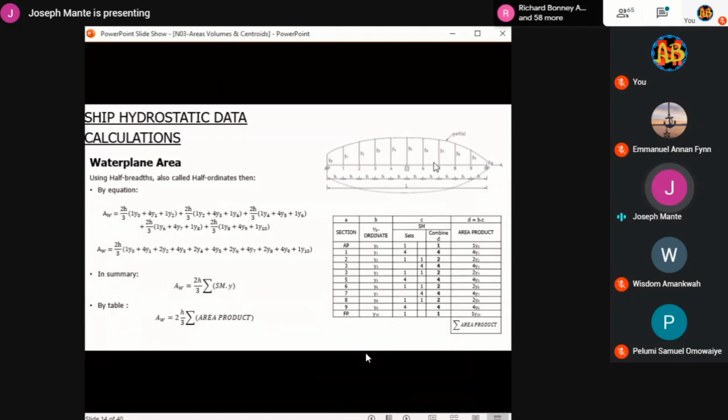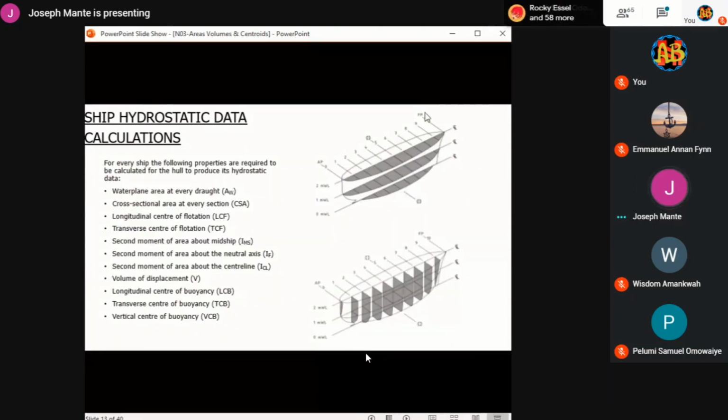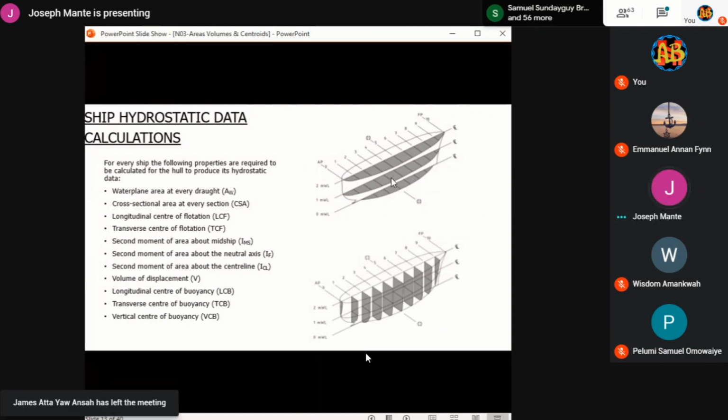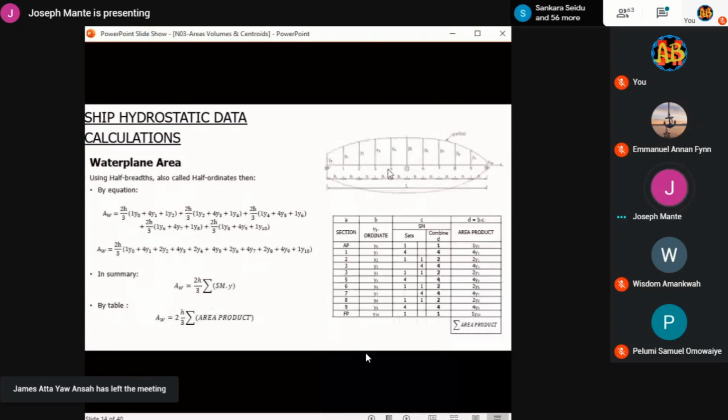Now you want to calculate the water plane area at each and every section. In the first drawing, at every section we want to calculate for 8 water planes. So we have 1, 2, 3, and all these places we want to calculate for 8 water planes. So when you come here, this is the fore end, and this is the aftward end.